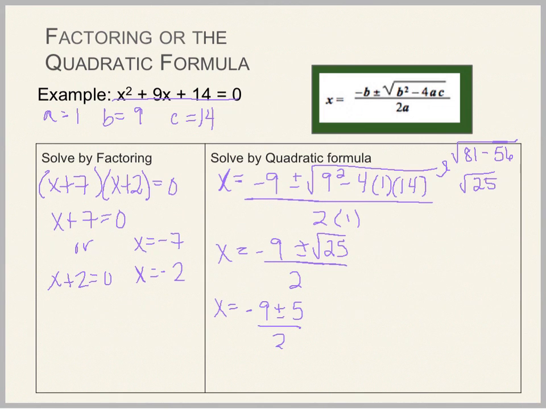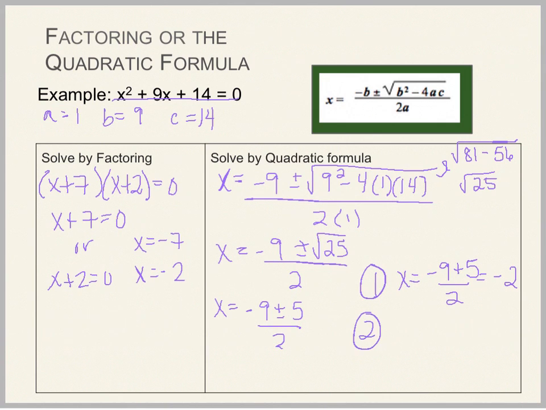The first solution is x equals negative 9 plus 5 divided by 2. And negative 9 plus 5 is negative 4. Divide that by 2 is negative 2.